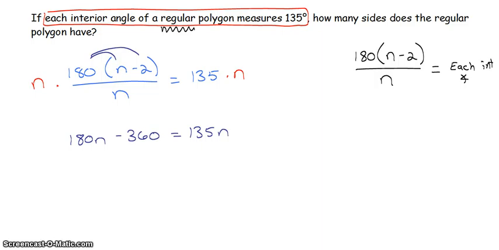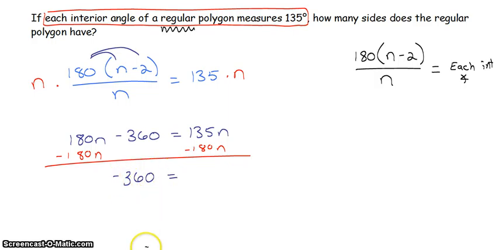Use my algebra skills. Subtract 180n from both sides. I'm left with negative 360 equals negative 45n. Then I divide both sides by negative 45.